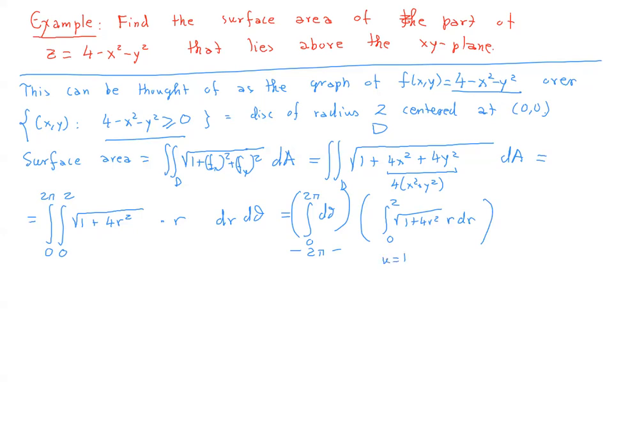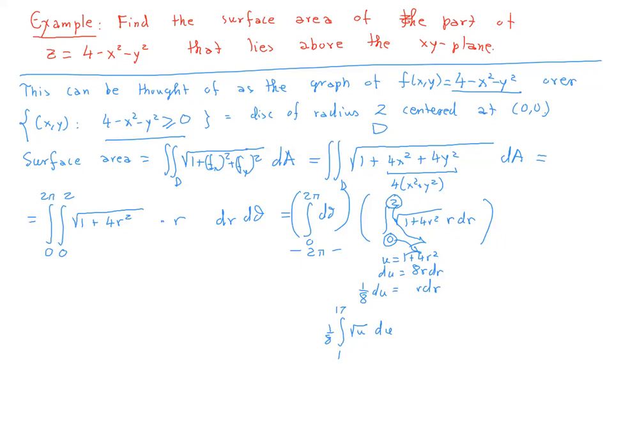Set u equal to 1 plus 4r squared, and du is going to be 8r dr, and r dr is going to be 1/8 du. And so this integral will end up being the integral of square root of u, with 1/8 here, du, and now we have to be very careful with the endpoints. We're supposed to take the limits of the previous integration and plug them into the substitution. So this will give us 1 all the way to 17.